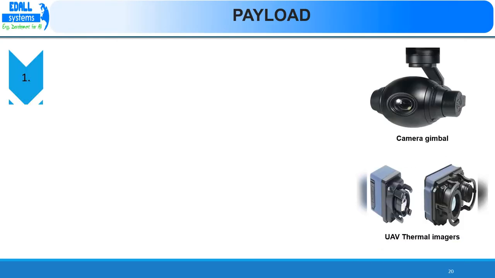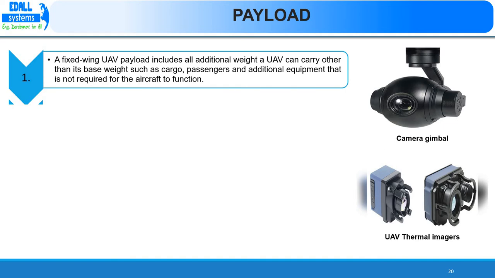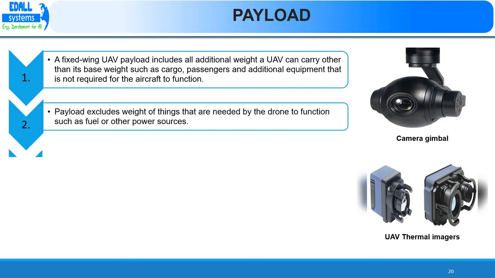Payload of a fixed-wing UAV includes all additional weight that the UAV can carry other than its base weight, such as cargo, passengers, and additional equipment that is not required for the aircraft to function.